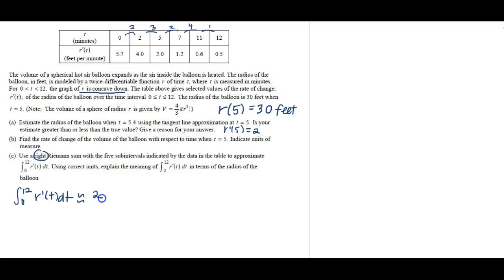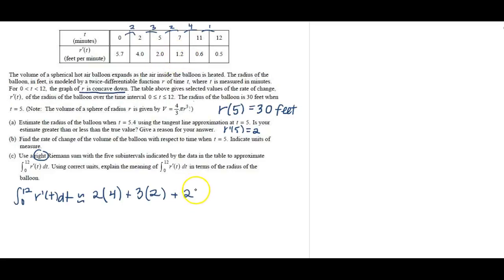So the base of the first rectangle is 2, and the height, so I choose between these two values, and the one on the right hand side is 4. So 2 times 4 plus 3 times, so now 3, that's because that was the base, and the height, I choose the right height, which is 2. So 3 times 2 plus 2, so I'm looking at this base here, and the height I'm going to choose is 1.2, because I'm looking at these two heights.